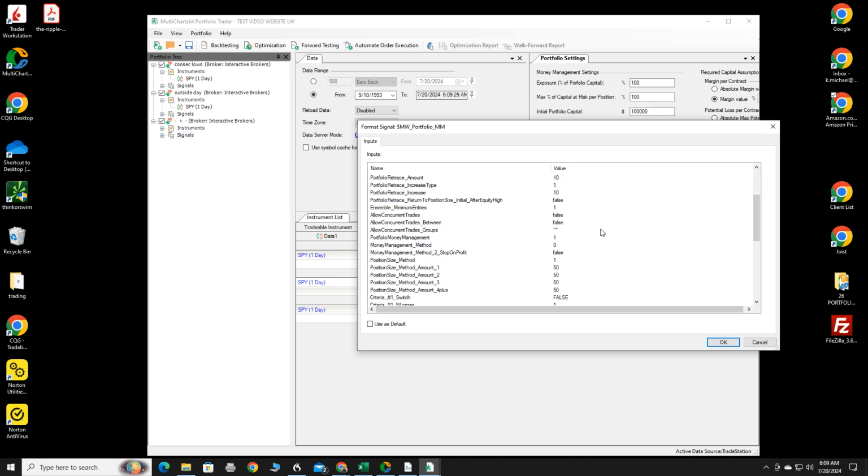We will use it in Larry Williams Slow Grind. Here it is. We want to allow Money Management Method 2 Stop on Profit. That's Money Management 2 here, or Slow Grind. This is set to false. We're going to set it to true.